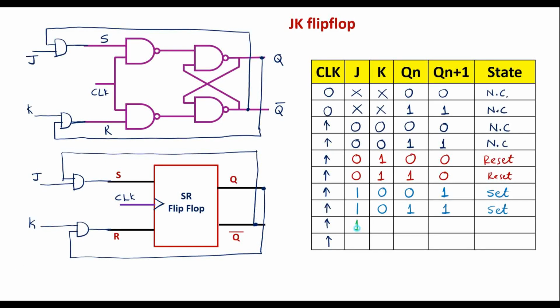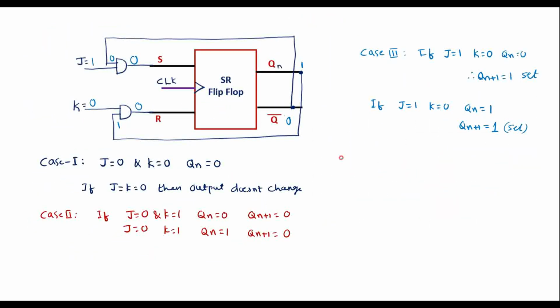Suppose J value is 1, K value is 1, both the inputs are 1, 1. If Qn is 0, let me take next case, that is case 4. If J is equal to 1, K is equal to 1 and Qn is equal to 0.